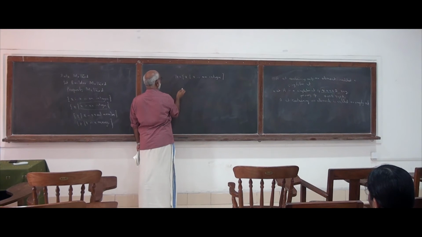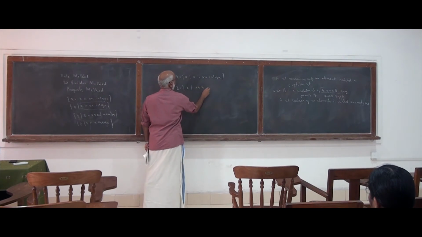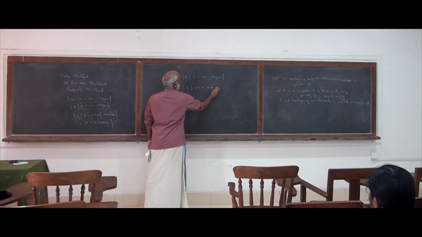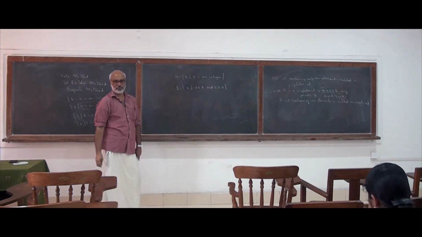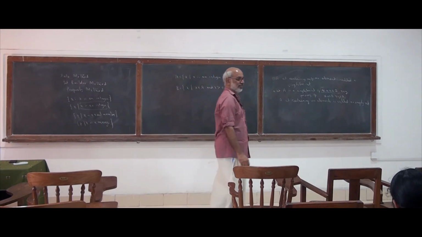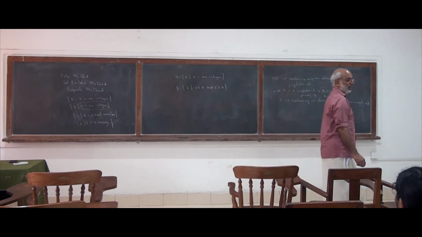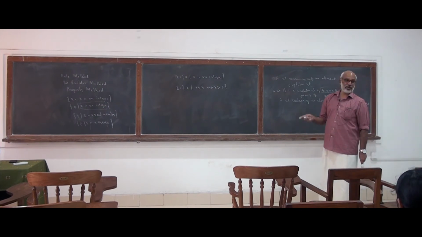Then I want to write another statement B, that is the set of all x such that x is an element of A and x is greater than 0. A is the set of all integers. That is, I want to define another set B. B is the set of all elements of A which are greater than 0.